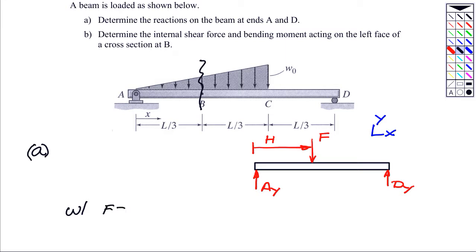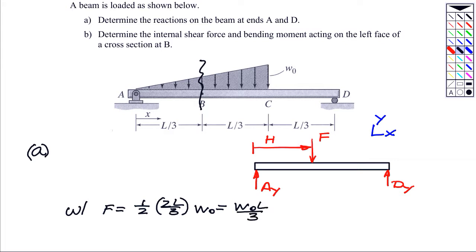F is equal to the total area under that triangular load. It's a triangular load, so it's 1/2 the base, which is 2L over 3, times the height, which is W naught. So that gives us a load here of W naught L over 3.